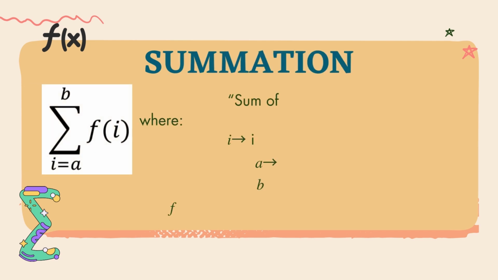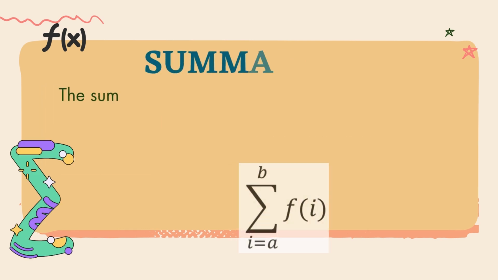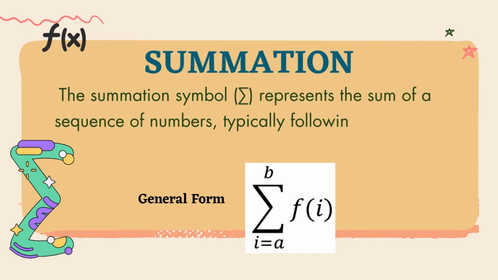That is read as the sum of f of i from a to b, where i is the index of summation, a is the lower limit, and b is the upper limit. f of i is the function or the term that is being summed, and that term usually has a rule and a pattern, because based on the definition, we usually follow a specific pattern or rule.